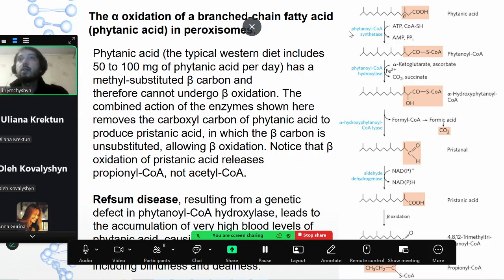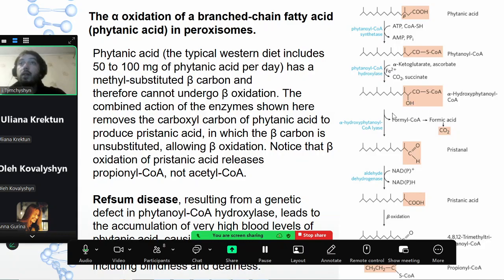And here you see the pathway. The synthase transforms phytanic acid into phytanoyl CoA. So here the acid group was changed to this connection to the acetyl CoA. Then phytanoyl CoA hydroxylase adds this OH group here.